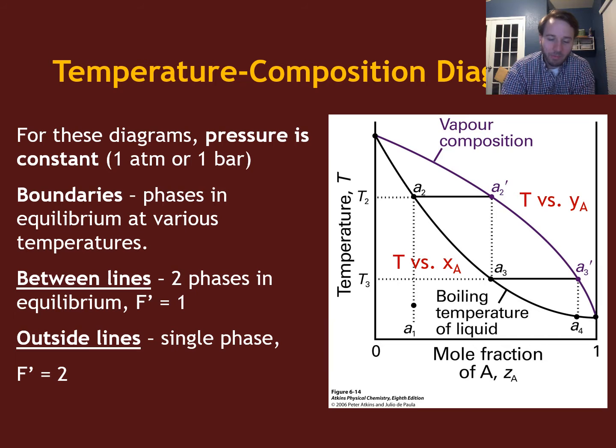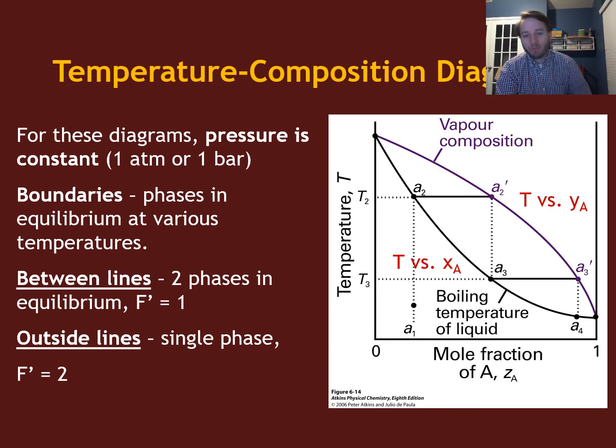So we previously talked about phase diagrams of pressure versus mole composition. You can create a similar phase diagram of temperature versus mole composition. We're not going to derive those formulas, but you can derive them and you get a very similar phase diagram.